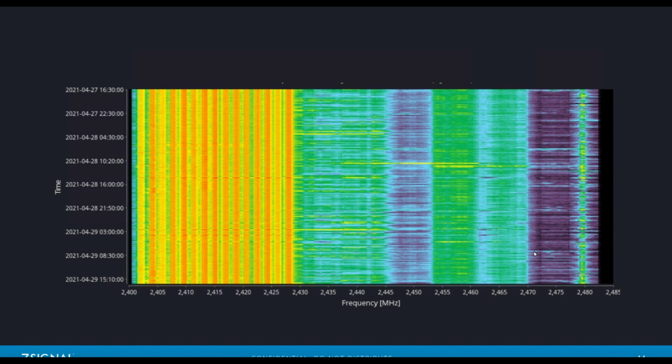Yeah, this is a really tough situation to deal with. One, because of the duty cycle involved. That's how frequently the interferer is transmitting. And this thing looks like 100% duty cycle. It's just always transmitting.